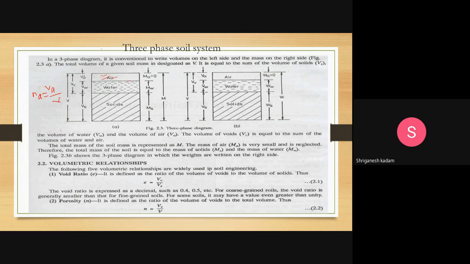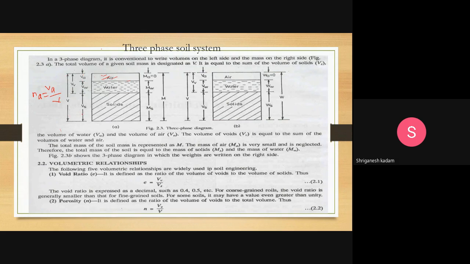Okay, percentage air void will be higher when the volume of air in the total volume is higher, then percentage air void will be higher. And if the volume of air in the total volume is lower, then percentage air void will be lower. And obviously we can express this in percentage air void, volume of air divided by total volume.